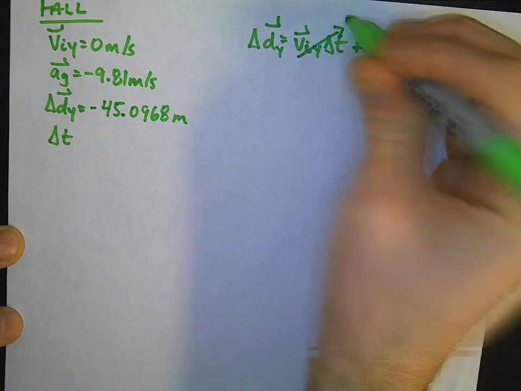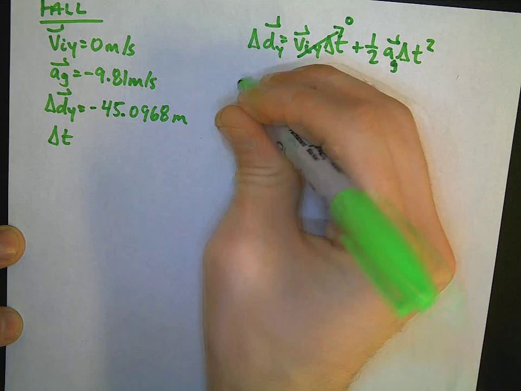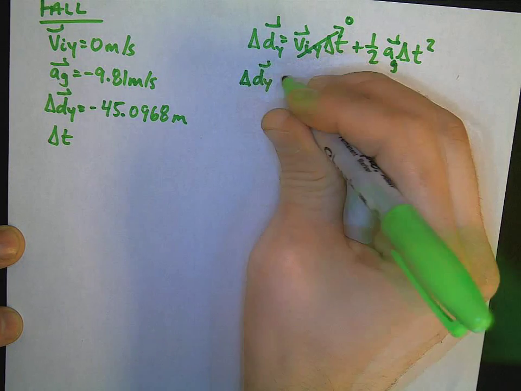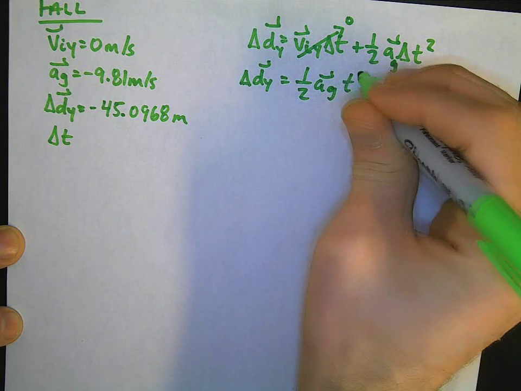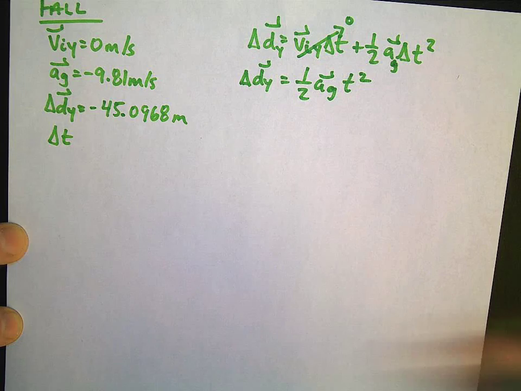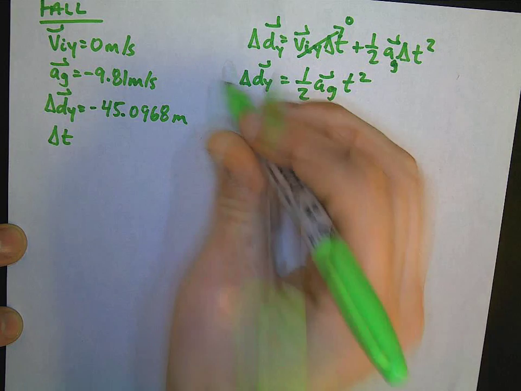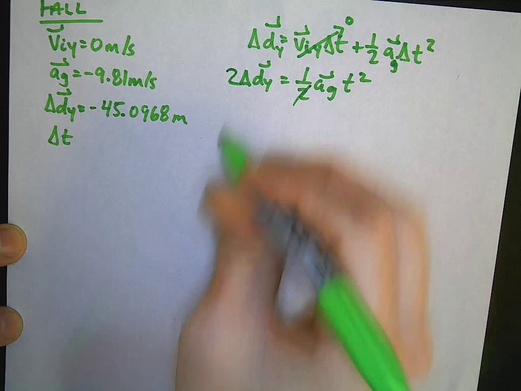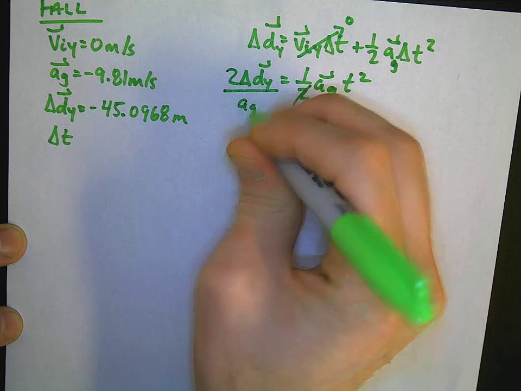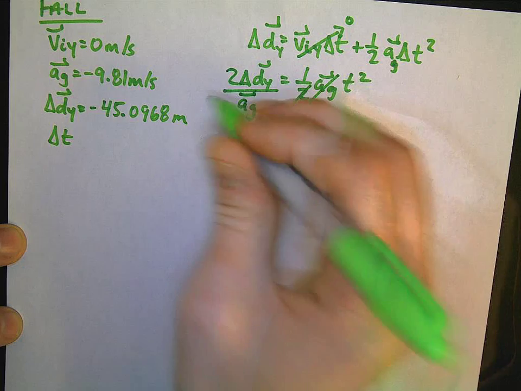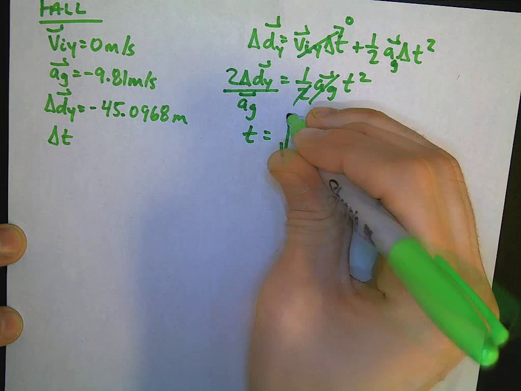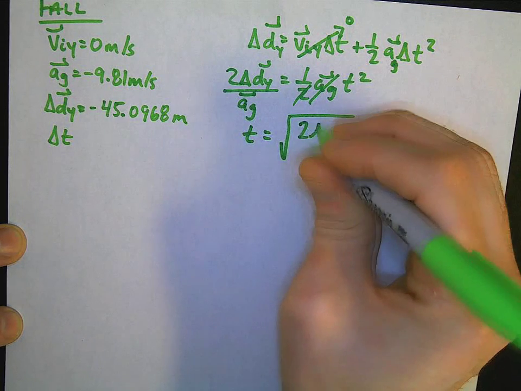So my displacement in the y direction is 1/2 at squared. And rearranging this, I would multiply by 2 because of my fraction on the bottom. Divide by acceleration due to gravity. That's gotten rid of, and I need square root. So time is the square root of 2 delta dy all over my acceleration due to gravity.